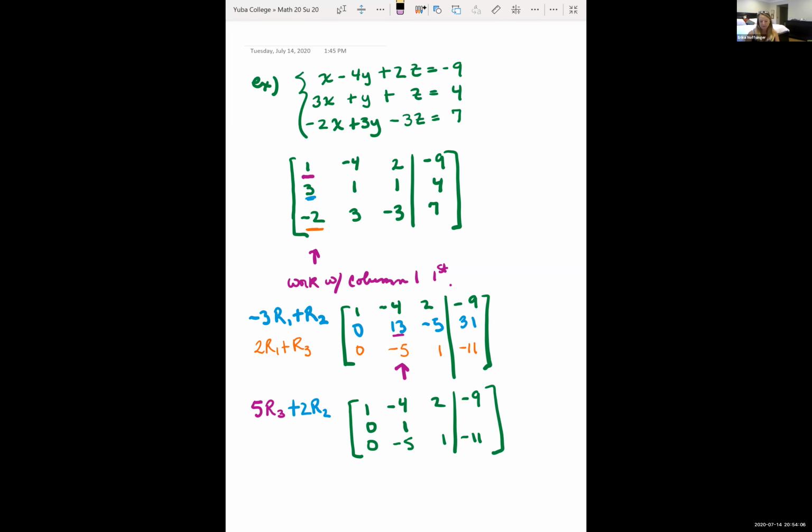So 5 minus 10 is negative 5. And then 5 times -11 is negative 55, plus 2 times 31 is 62. 62 minus 55 is a 7 in here.